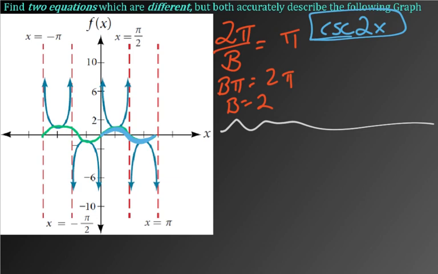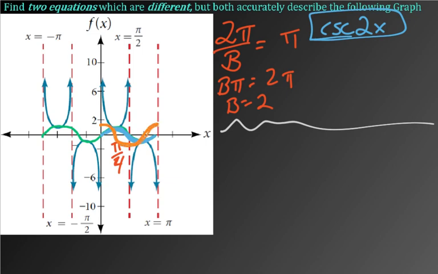Another option is thinking about this graph down here as a cosine graph shifted left or right. We know if this is pi, this is pi over 2, then this tick mark is pi over 4. So you can think the graph was here, but it was shifted to the right pi over 4. That's kind of what cosine looks like.